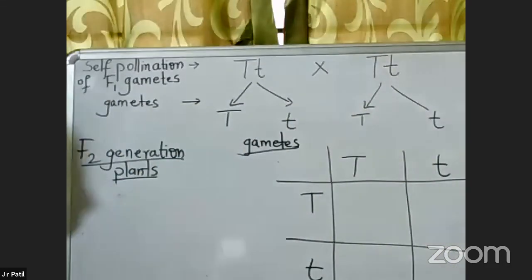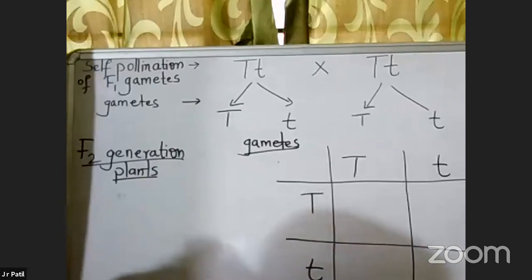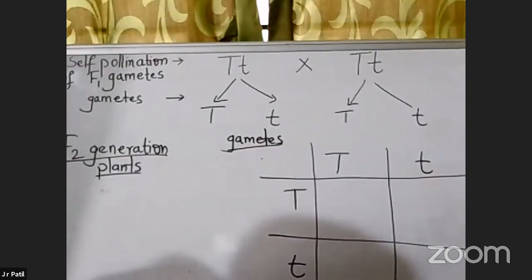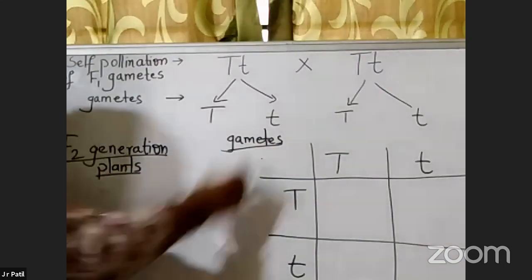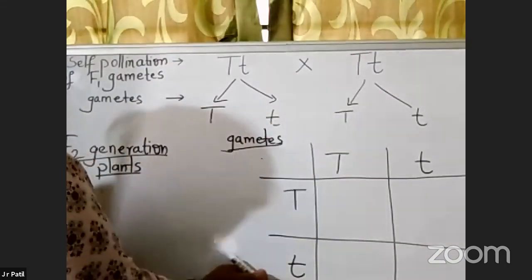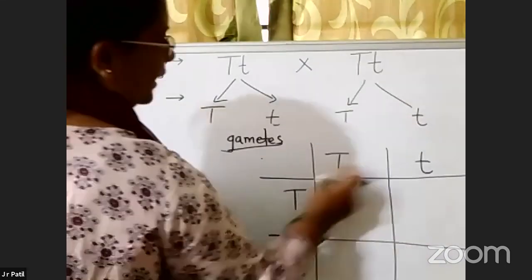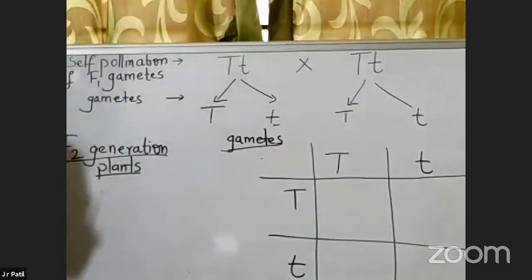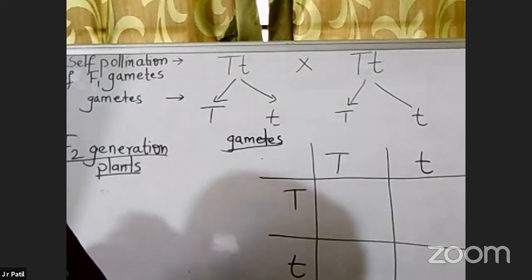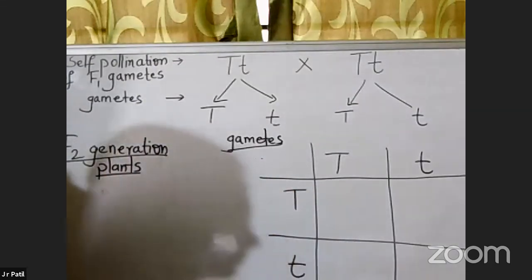Can you understand this box? What I have done there: the gametes present in this plant I have written here. Clear?